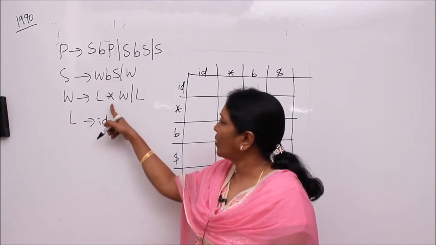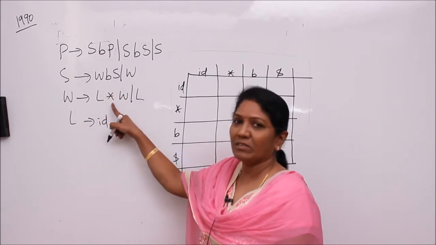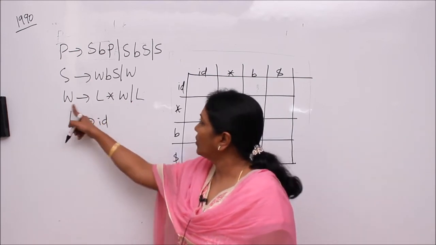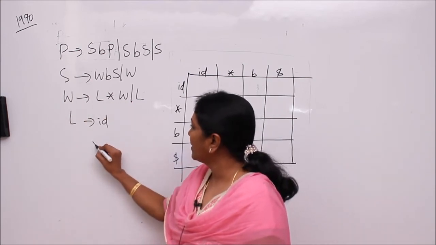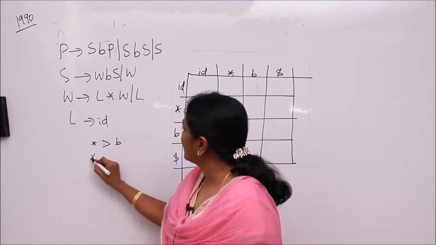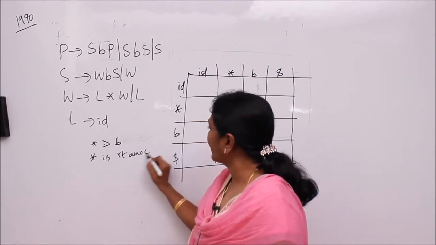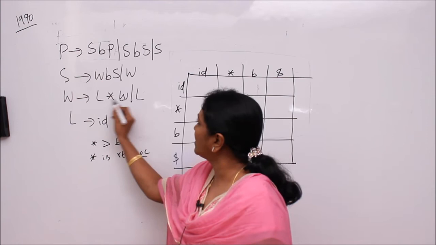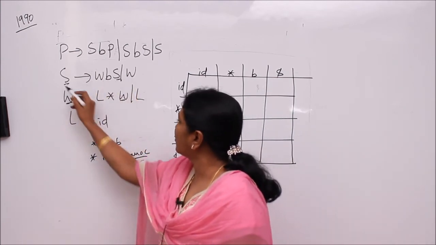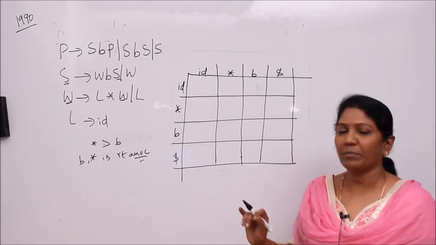Star has higher precedence than blank because star is defined at the lowest level. And coming to the associativity, the rule is right recursive, that means star is right associative. Remember this, whereas this one, blank, is also right associative. Okay, just keep those points in mind.